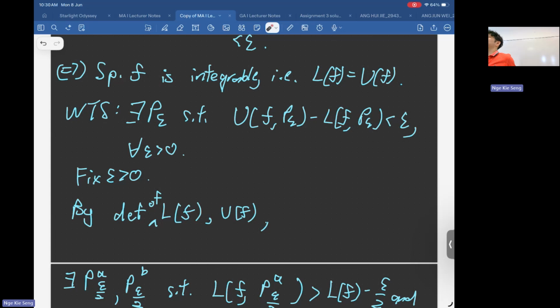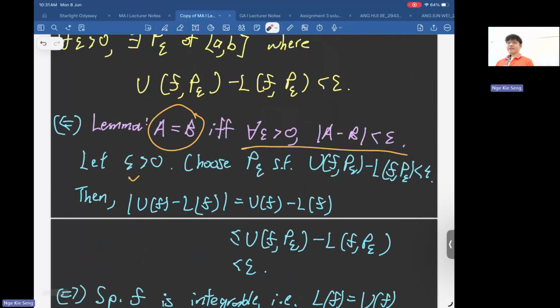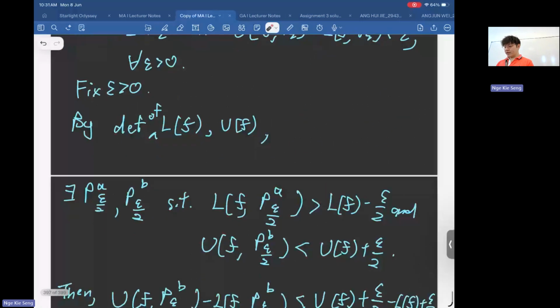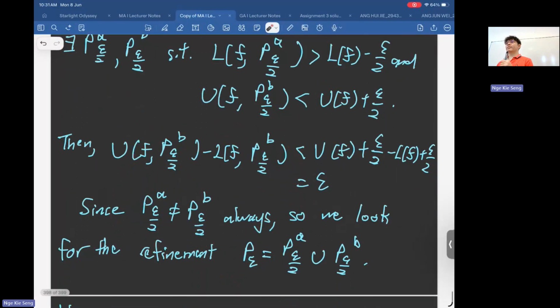Why do I say one is easy, one is hard? Okay, so one we just use the real number property, which is way before integration. But the other we need to use the integration property about refinement, so it's new stuff.